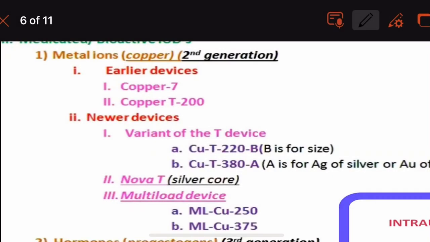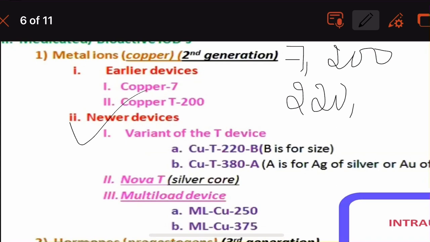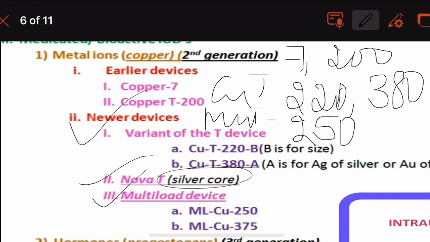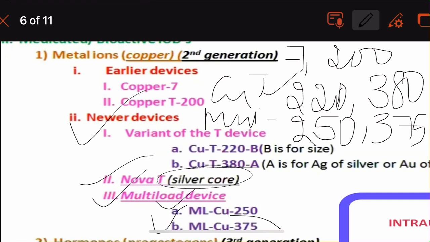So we see that 7 and 200 are earlier devices. In the newer devices, we have copper T220 and copper T380. Nova T contains silver core. Simple. Multi-load devices: multi-load copper 250 and multi-load copper 375.